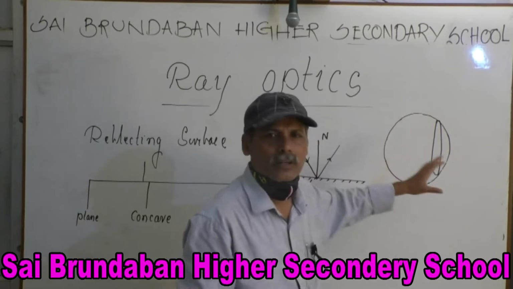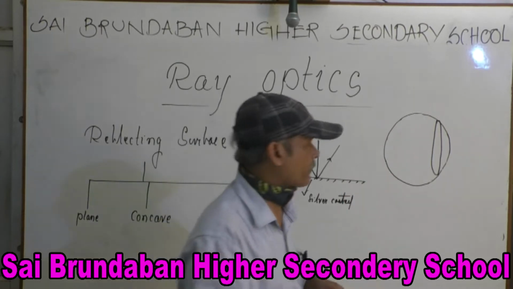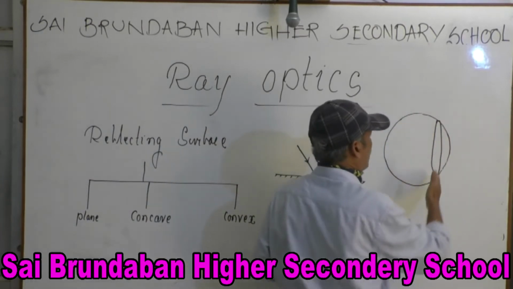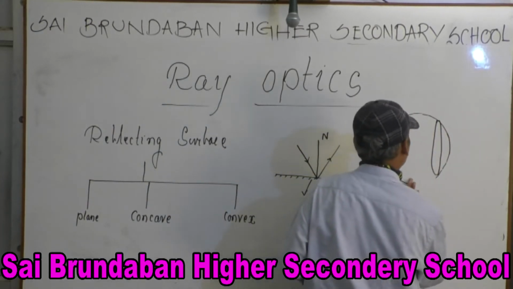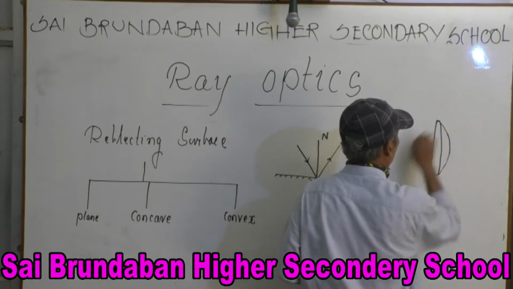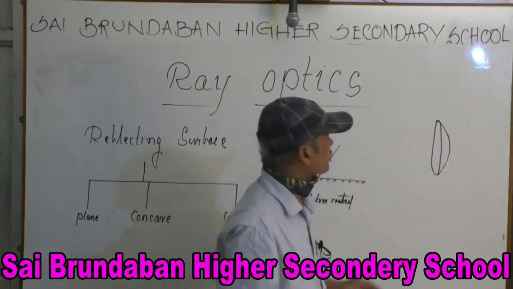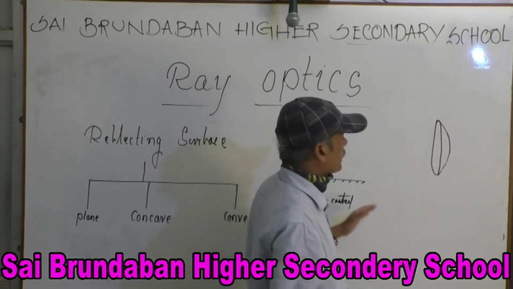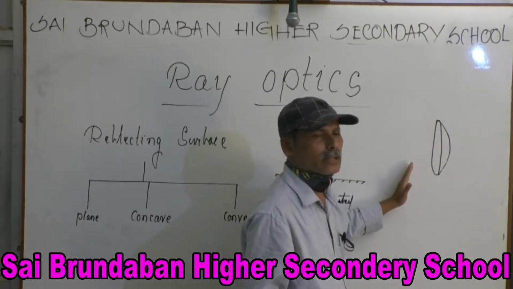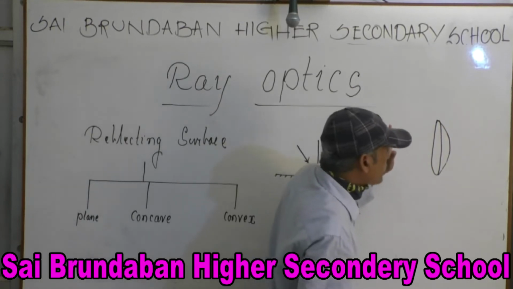This is a sphere made up of thin glass. You just take a section of it. You just cut it up and take a section. You see from this side, the surface is depressed in.